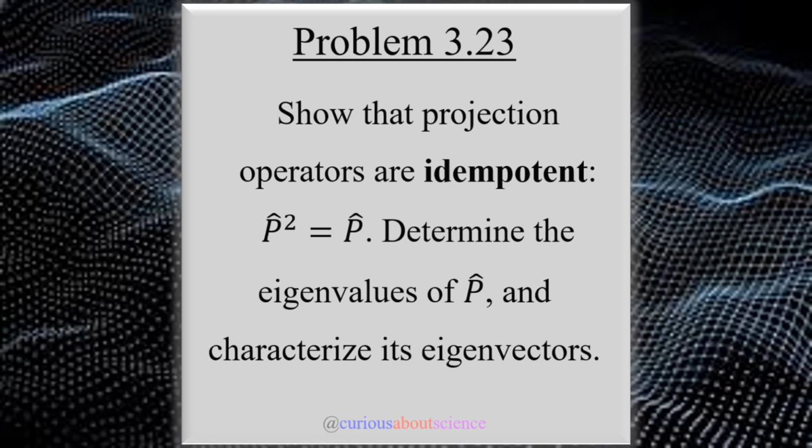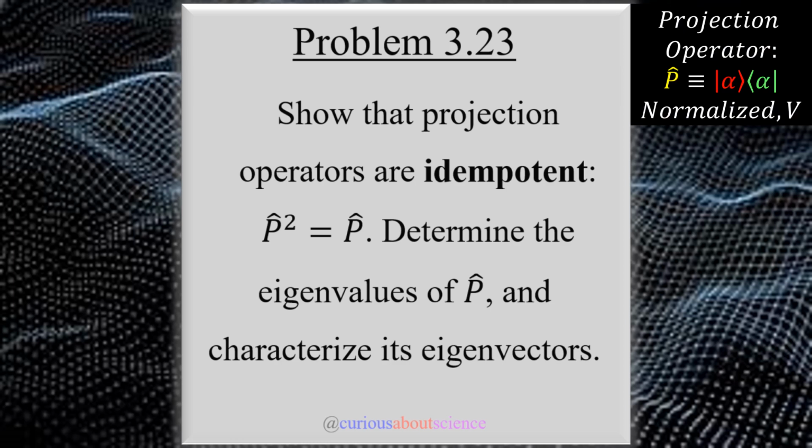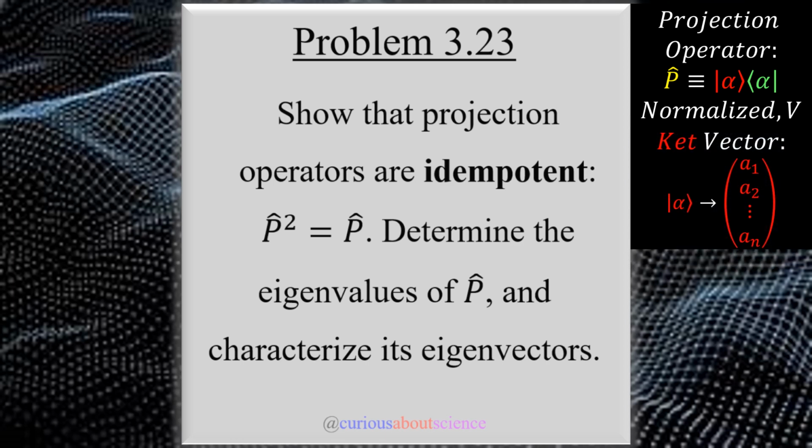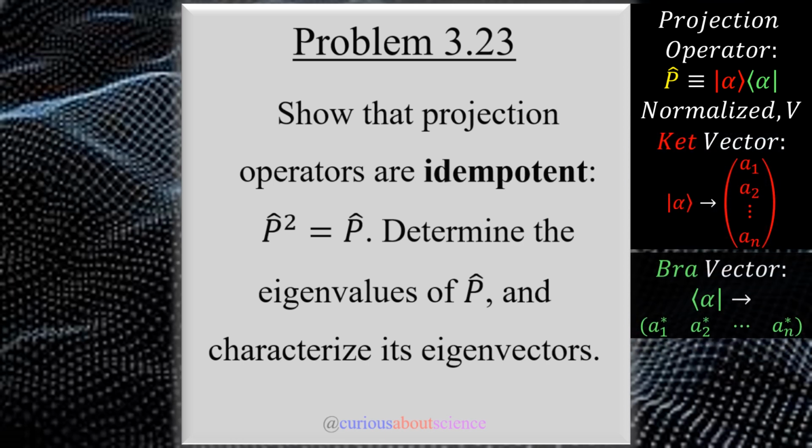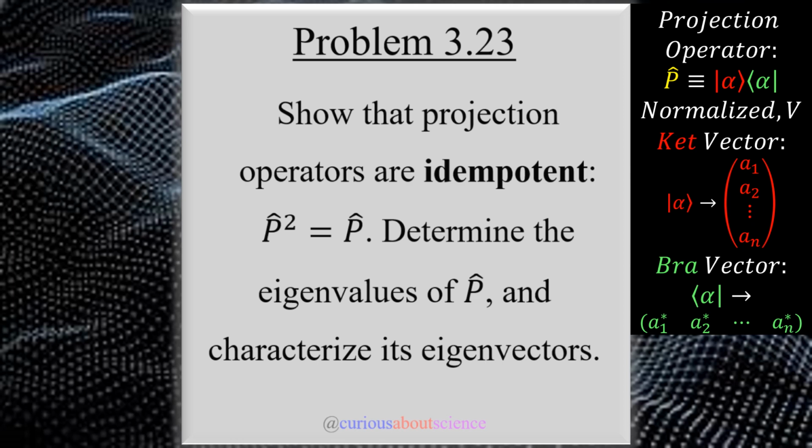If you're unfamiliar with the projection operator, it's defined as such, where p hat is equal to what we call the ket vector, defined as such, and the bra vector, defined as such, for any normalized vectors in V. Again, part of being in the Hilbert space. And so from here, what we wish to do is determine the eigenvalues of p hat and characterize its eigenvectors.